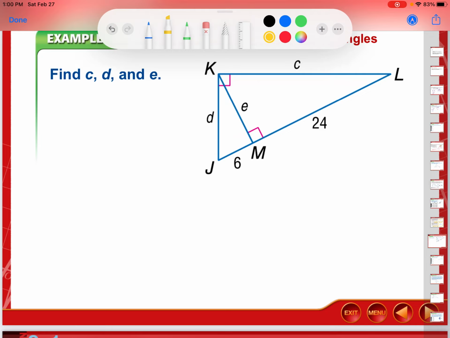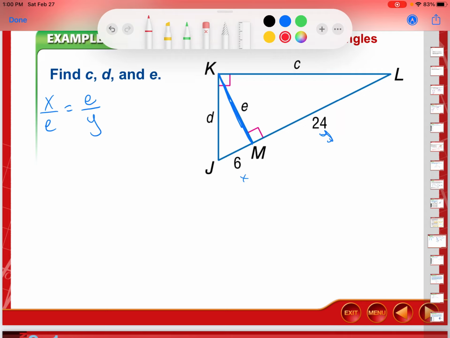And what 8.2 allows us to do is to solve for the altitude or the height, being this line labeled E. So what 8.2 says is we can make this proportion x over h, or in this case, x over e, equals e over y. And I'm just going to label these x, y, just so we can clearly see what we're talking about here.